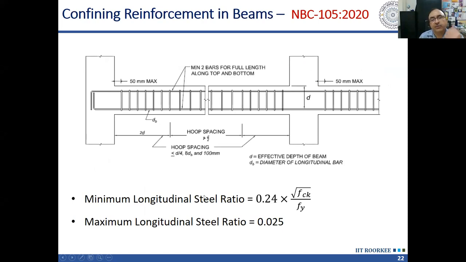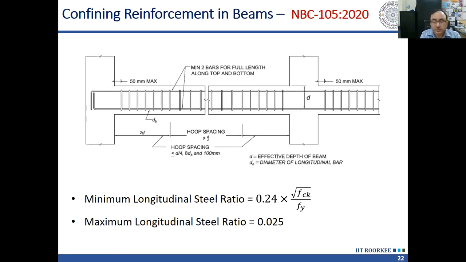Now, at which location we have to provide these closely spaced stirrups, what we call special confining reinforcement. This special confining reinforcement is to be provided at the locations where we expect our members to yield. We are expecting the concrete to develop large strains. There, the confinement is important. And I told you that this transverse reinforcement is also important to support the longitudinal bars.